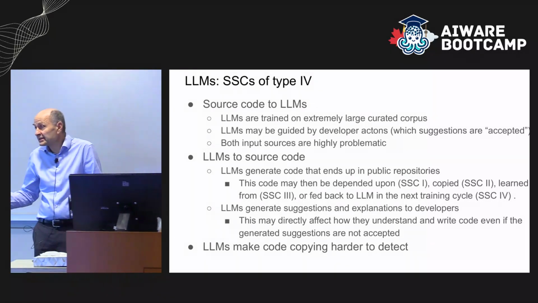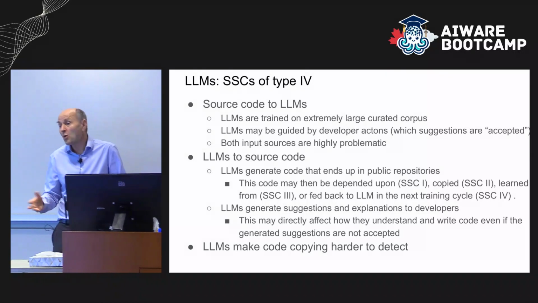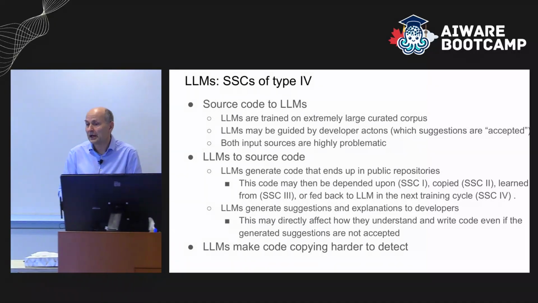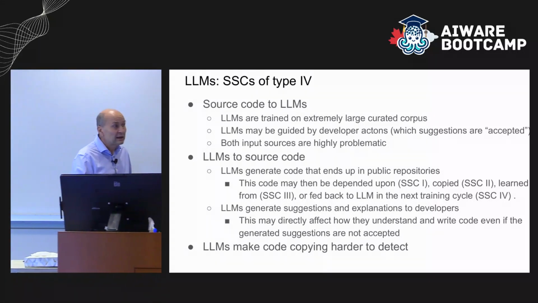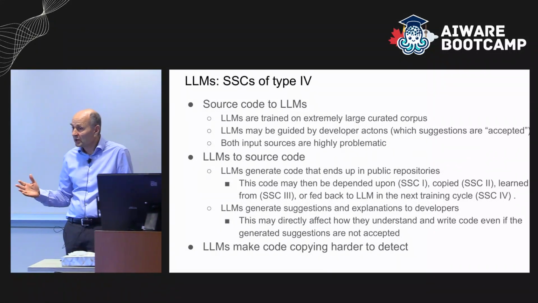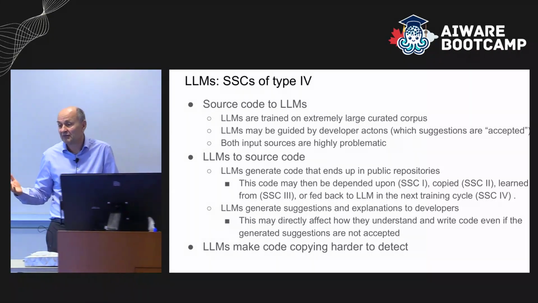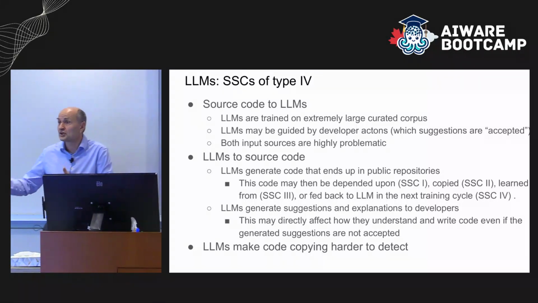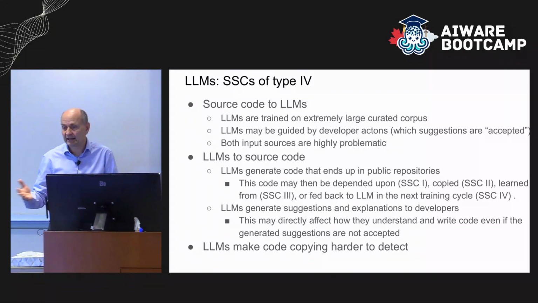Then regular supply chains could be depended on, copied, learned from, or even fed back into another LLM that trains on it. LLMs also generate suggestion explanations for developers, which is another problem. These explanations might seem convincing, but they're just fiction, so people get convinced of wrong things. Essentially, LLMs are propaganda for software developers as well, not just more directed propaganda in election cases.